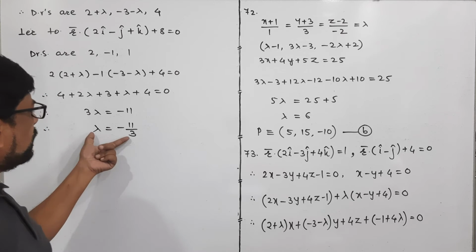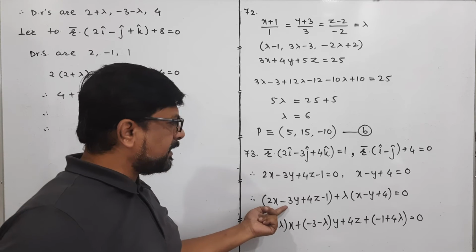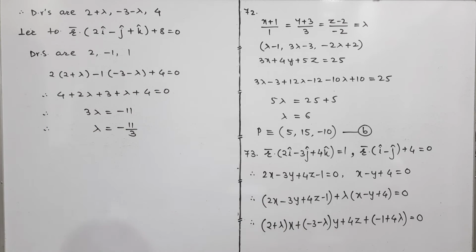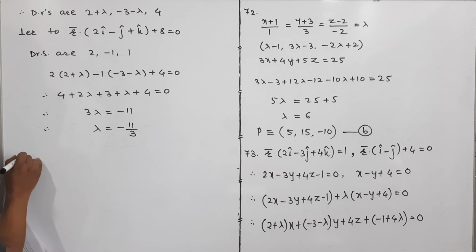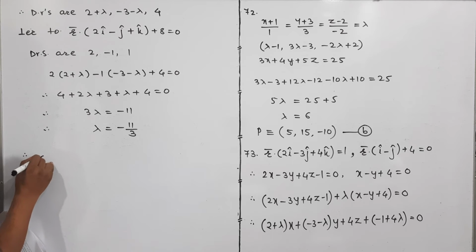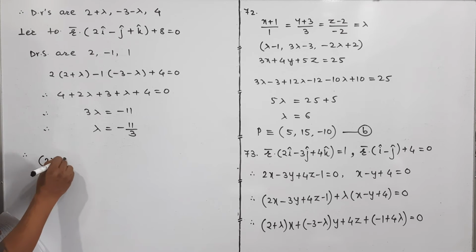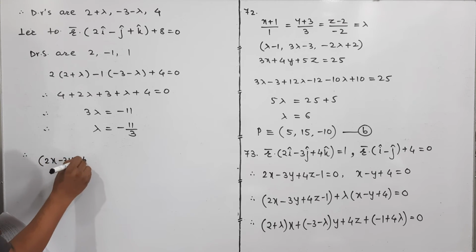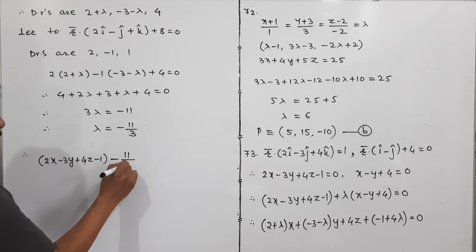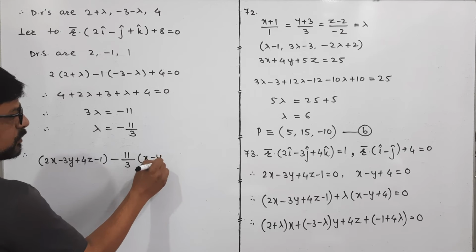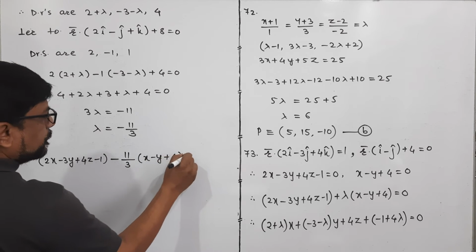Now, put this value of lambda either here or here to find the equation of plane. Now, it is very easy to find there. It is therefore equation of plane, required plane is 2x minus 3y plus 4z minus 1 minus 11 upon 3 into x minus y plus 4 is equal to 0.